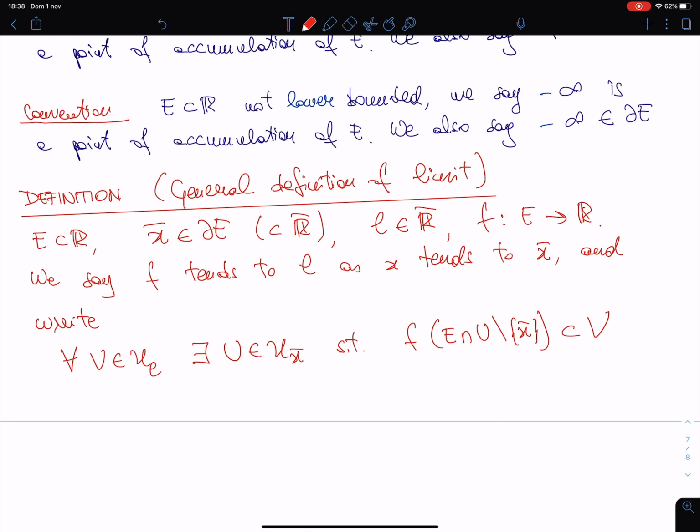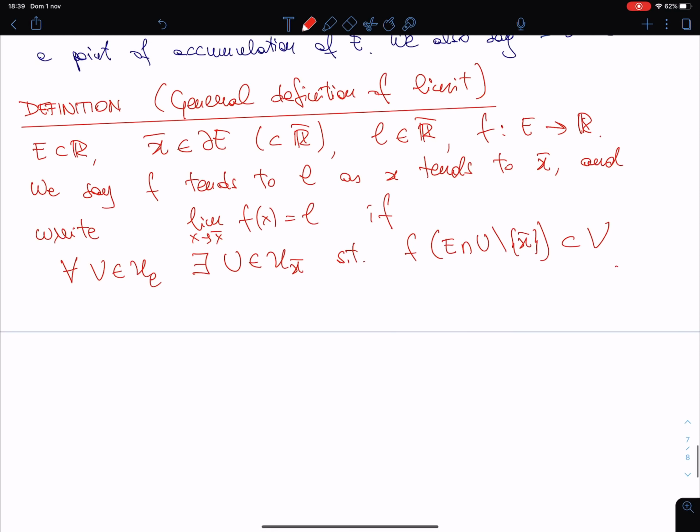And what we write is that the limit for x going to x bar of f of x is equal to L if this is true. And this is the definition. This is completely topological, completely abstract, completely general. If you get acquainted with that, it is extremely clear. So I invite you to focus on that, even though probably you are not familiar with it. You have to learn something in this course. You cannot always go with what you already know from high school. So please focus on that and try to understand it.